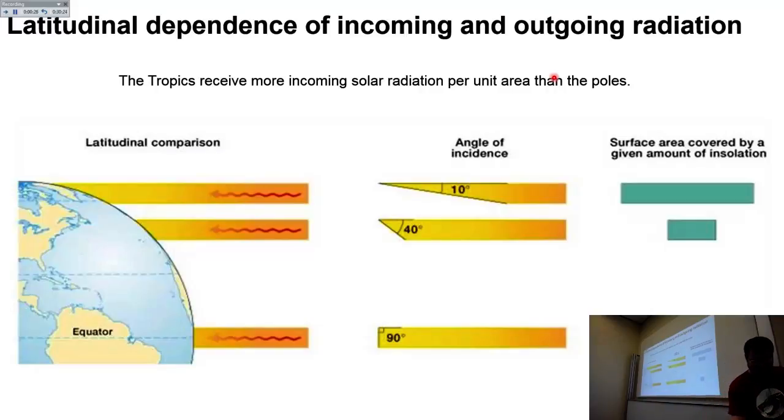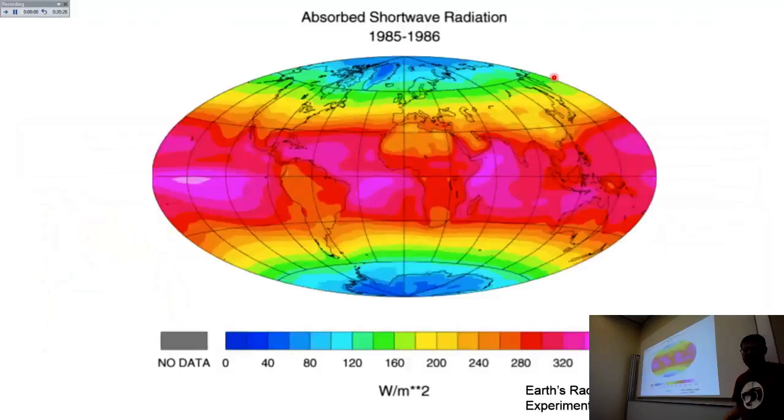So we get much more energy absorbed by the Earth at the equator, whereas less at the poles. And if you've ever been to the equator, you'll notice it's quite hot compared to where we are in Scotland. That's because it's pointing more towards the sun than we are.